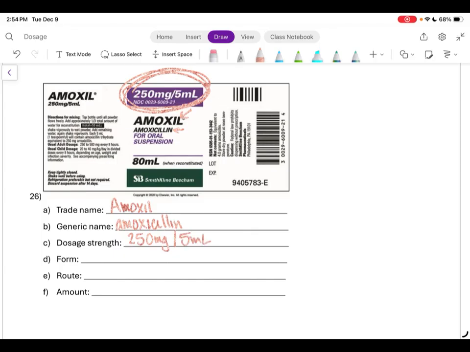Not just 250 and not just 5. Okay. Our form is right here, suspension. Route is oral because it's an oral suspension, right? And amount is down here, the 80, and it's milliliter. Okay.